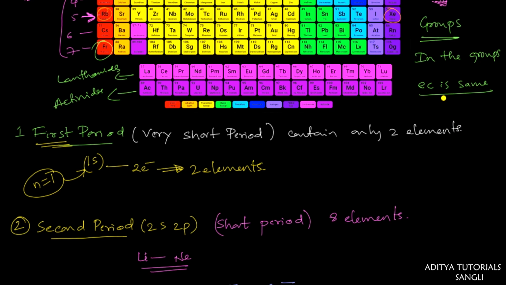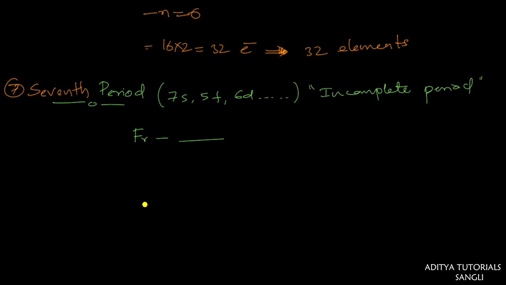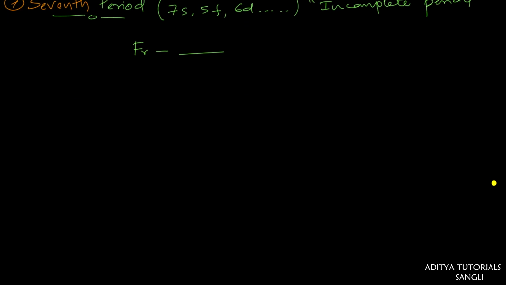The actinides belong to the seventh period, and they are kept separately at the bottom of the periodic table. The various periods and the corresponding orbitals being filled are shown in another table I'm going to show here. Just check it, the total sum of what we have studied here.